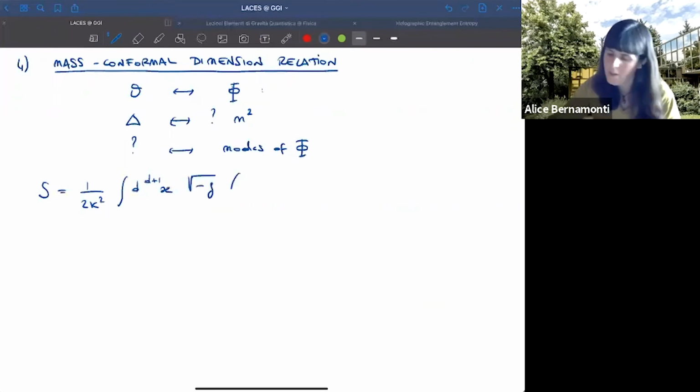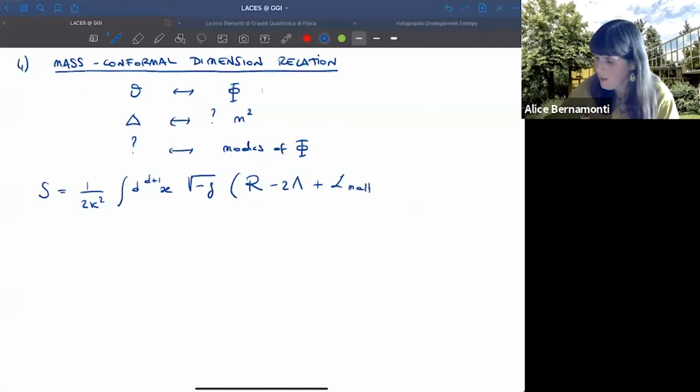And so we will have the Einstein-Hilbert term, a negative cosmological constant, and some matter Lagrangian, which will depend on the specific realization that we are considering.